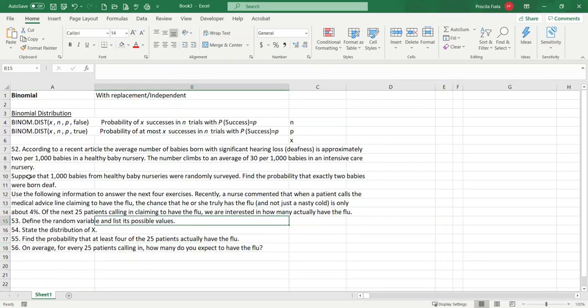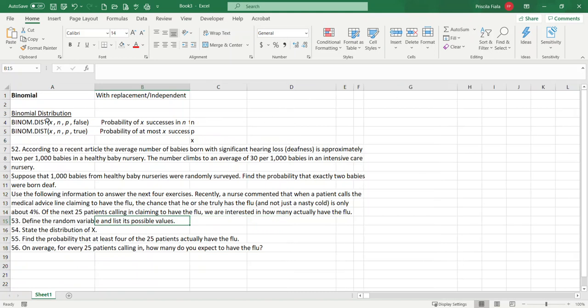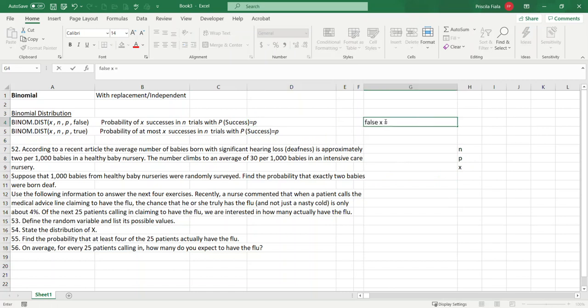Okay, so let's go ahead and try to do this problem using the formulas right here, and you'll see how much easier that's gonna be. In the formulas over here, again, you're gonna see a false and a true. Let me move this even further right here. The false is when you're trying to find a value of x exactly equal to a value you have determined, and the true is when you're trying to get a cumulative value for x.